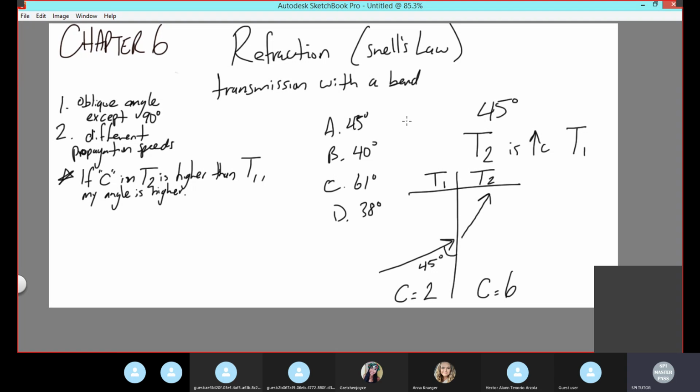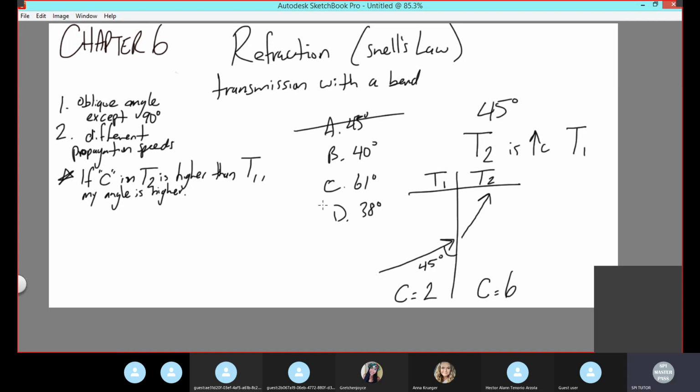Can it be A? No, because A means that there was no bend. It started at 45, it kept going at 45. So 45 cannot be the answer because 45 means that there is no bending. And I know there's bending. Why? Because my angle is oblique and there are different propagation speeds. Boom, cannot be A.